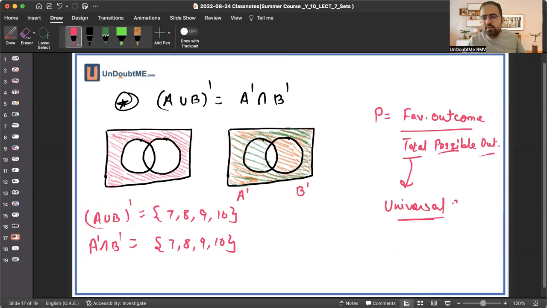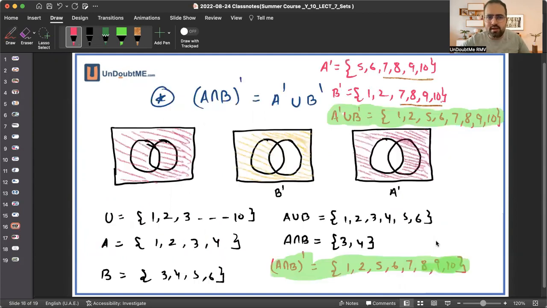So the universal set of this chapter will act as the sample space in probability, and at the top, favorable outcome means anything. If I want to find the probability of A union B, let us see with this. So A union B has how many elements? 6 elements. Universal set has how many elements? It has 10 elements. So the probability of A union B will be 6 by 10.